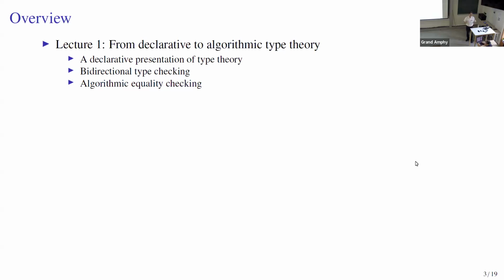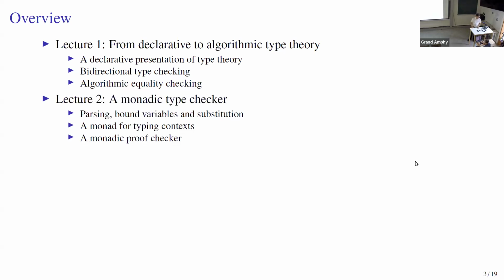So we'll transform them to something that I would call algorithmic rules, or algorithmically presented type theory, which in particular uses something called bidirectional type checking. And we also have to think about algorithmic type checking, how to actually check algorithmically whether things are equal. Then in tomorrow's lecture, we're going to implement what we cook up today, in the simplest possible way.